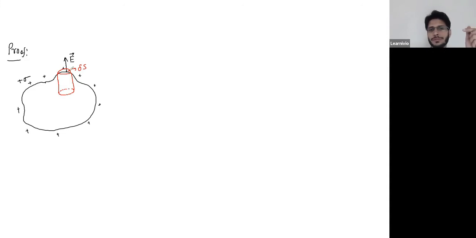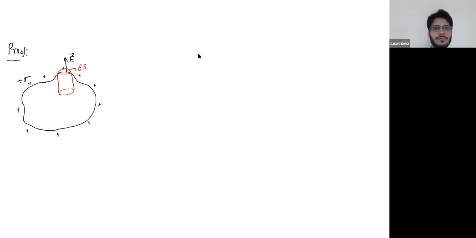Can you tell me what is the value of electric field at this point of the cylinder? Zero. Very good, because this point is inside the conductor. So inside the conductor, your field should be zero.